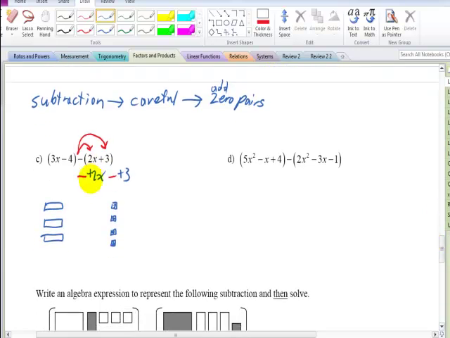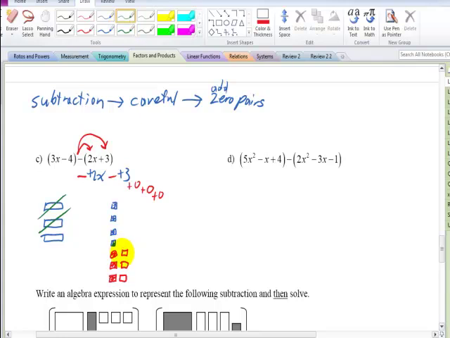Do we have a plus 2x to subtract? Totally do. Easy. Do we have any 3 positives to subtract? No. So what are we going to have to do first? Add a couple 0 pairs. How many do you think we're going to have to add? 3. There's 1, 2, 3.